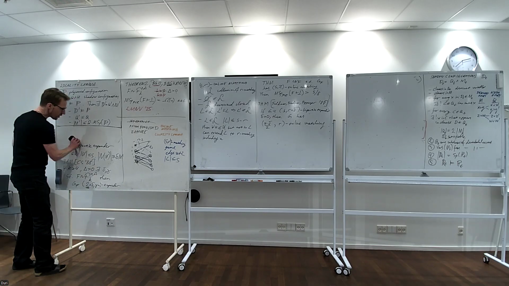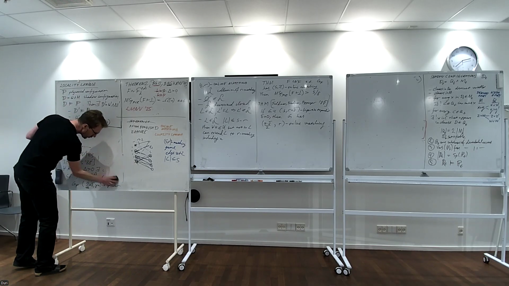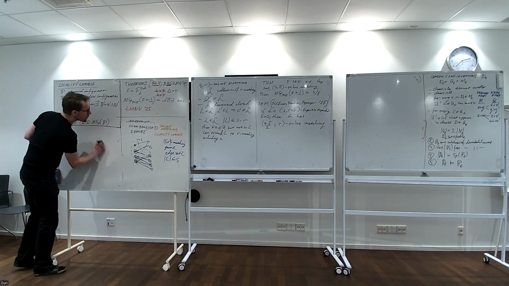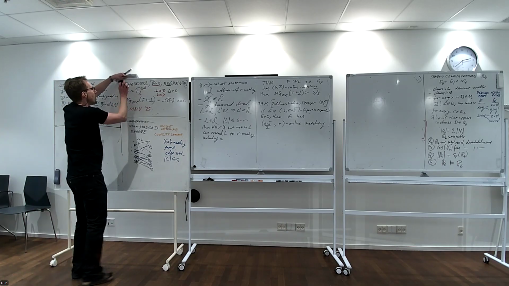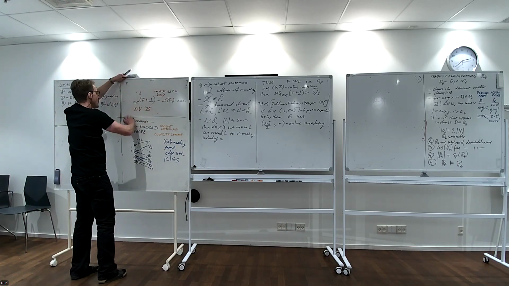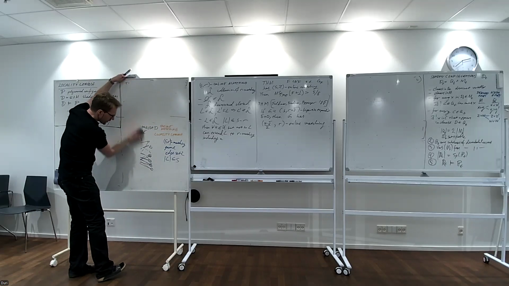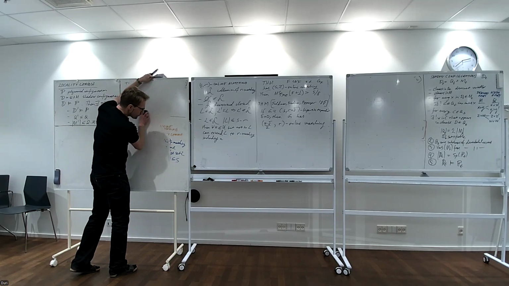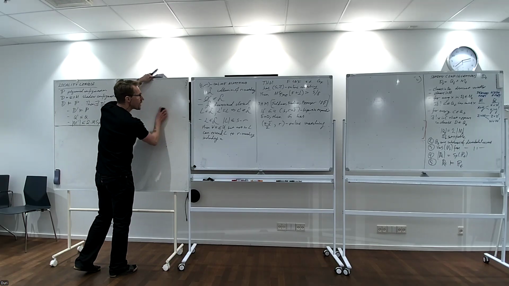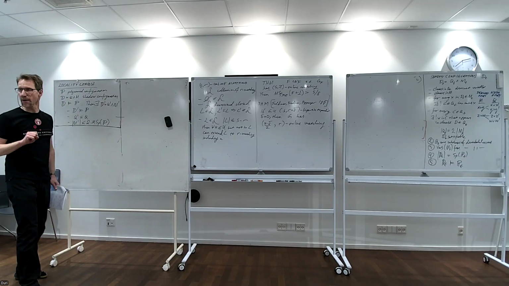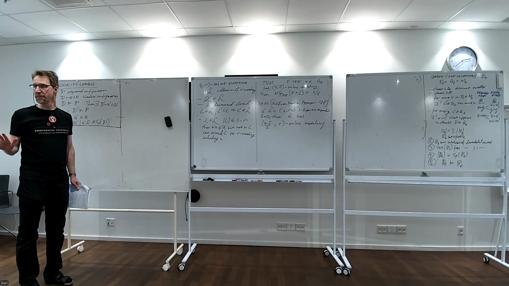So maybe this is a good time to give you a break. What are we going to do after the break? After the break, I want to prove that if we have an online matching, and if we have this locality lemma, then we're done.